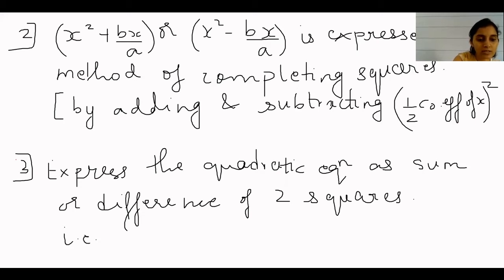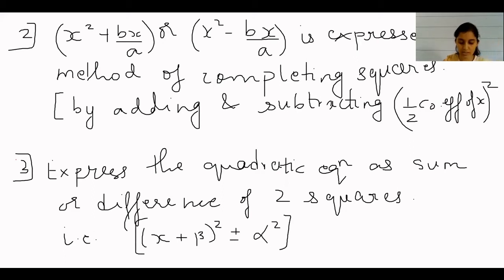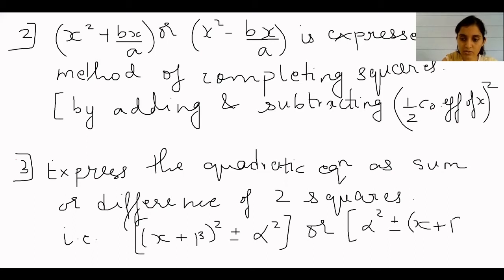It would be x plus beta the whole square plus minus alpha the whole square, or it could be alpha square plus minus x plus beta the whole square. So it would look in these two forms.